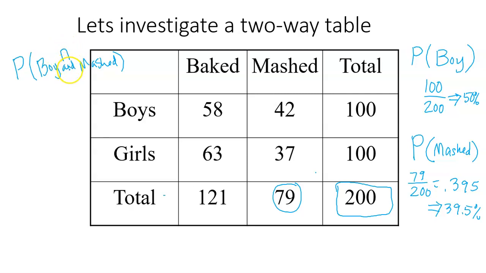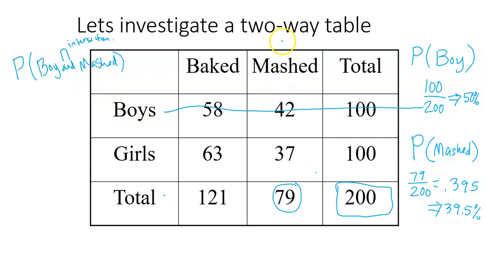Basically, we just want to know if we were to draw a person out, what is the probability that they had both of these qualities? They were both a boy and they prefer mashed potatoes. And remember, this upside down U is called an intersection. And literally, we are just going to look in the table for the intersection of boy and mashed. So I look at boy, I go across.